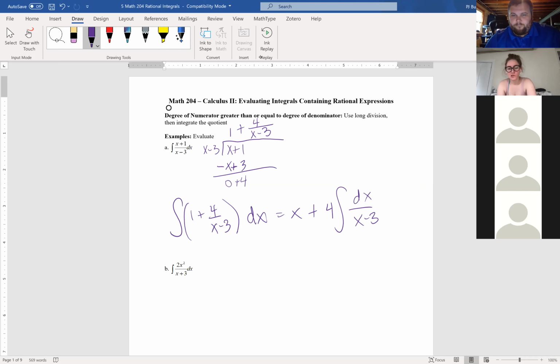It would be the natural log of x minus 3. That is a natural log. So if you need, you could do a u sub, right? You could let u equal x minus 3, du would be dx. And then this would be du over u, which gives you back natural log.